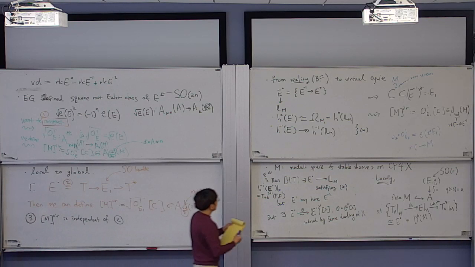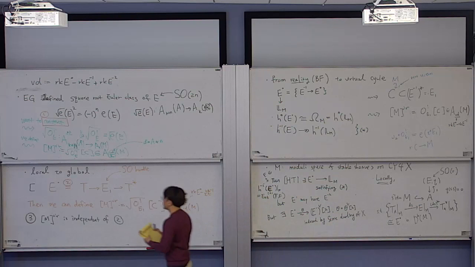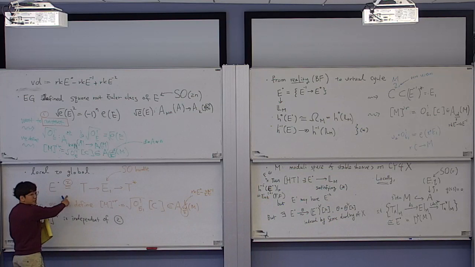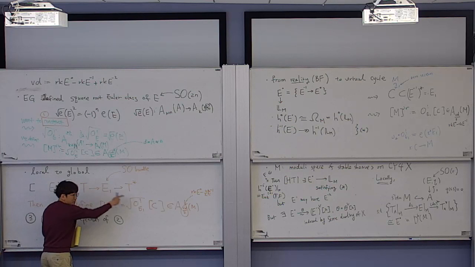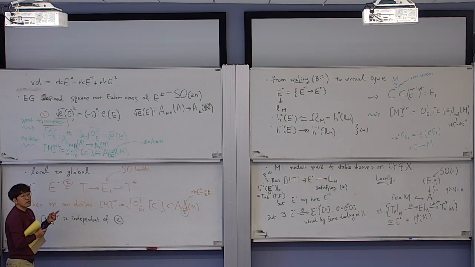Here we have this element in the derived category, and what we want to prove here is that this element is actually represented by some symmetric form of complex.